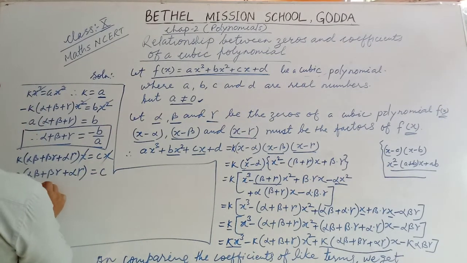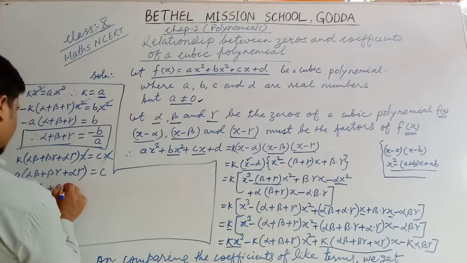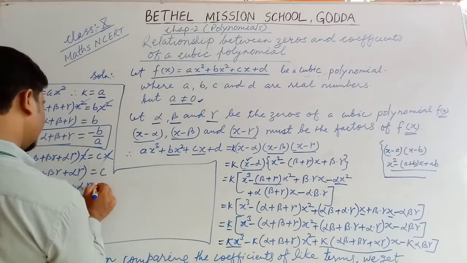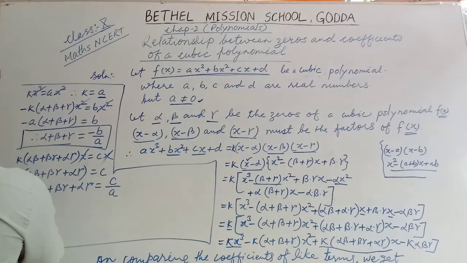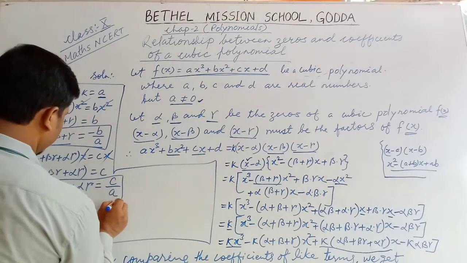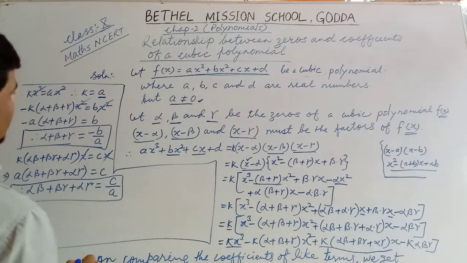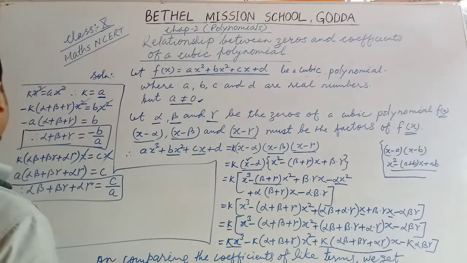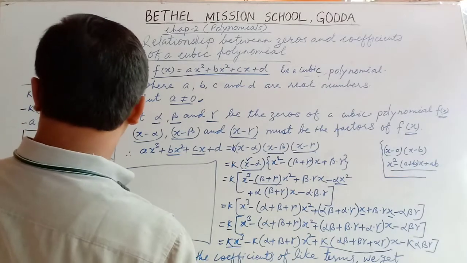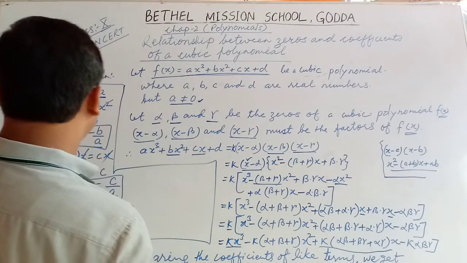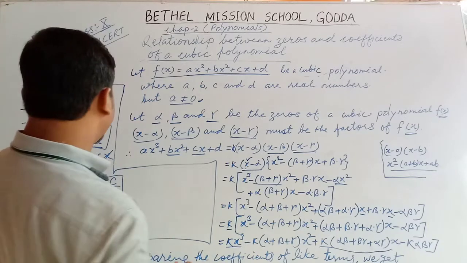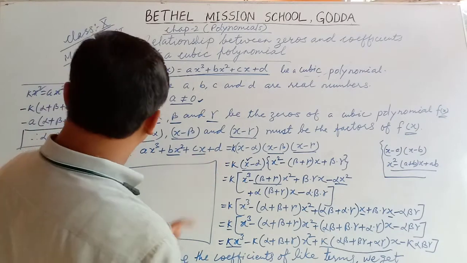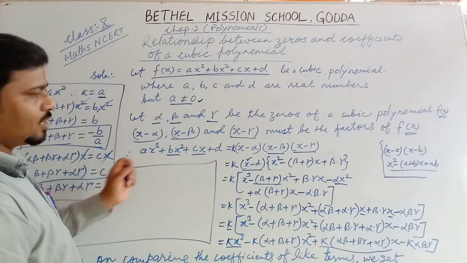Therefore alpha beta plus beta gamma plus alpha gamma equal to c upon a. This is another relation. Means sum of product of two zeros of cubic polynomial will be c upon a. C is the coefficient of x and a is coefficient of x cube.